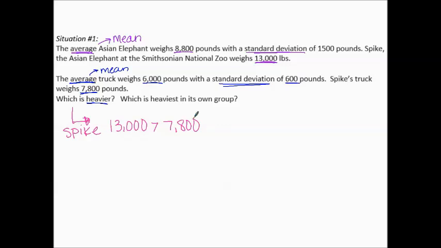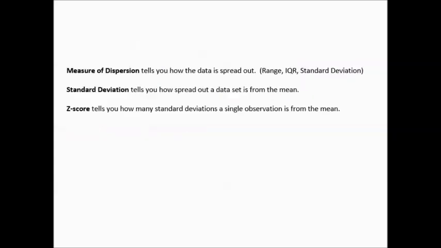The next question says, which is heaviest in its own group? So is Spike himself heavier compared to other elephants, or is the truck heavier compared to other trucks? For this we're going to need some more information to come back and answer.